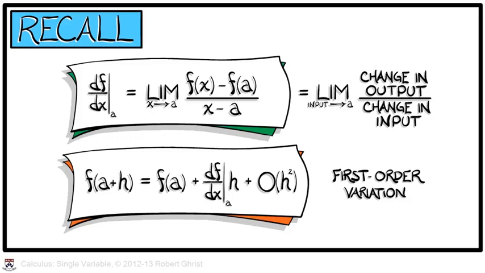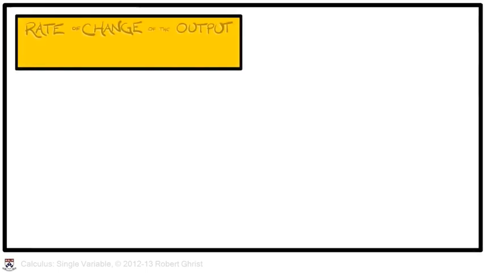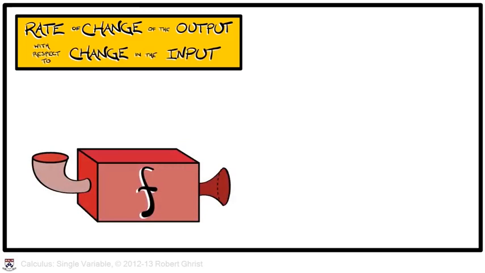If you like, it's the coefficient of the first-order term in the Taylor series of f at a. From these definitions flows the interpretation of the derivative as the rate of change of the output with respect to change in the input. And this is the interpretation that you will want to have memorized.